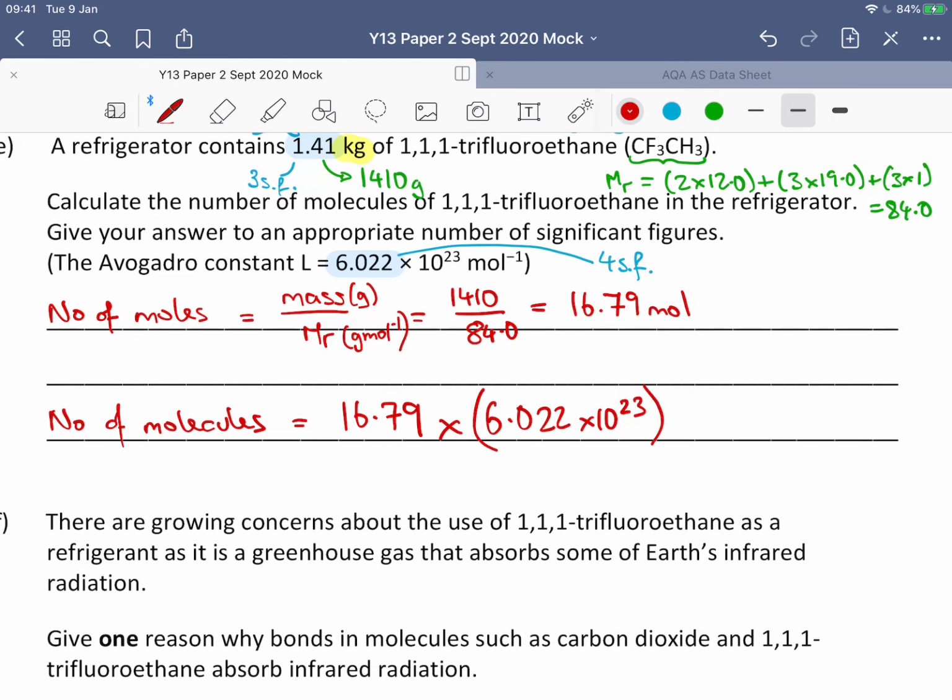Put that in brackets, okay. Which equals, so I put in my Avogadro's constant, 6.022 times 10 to the 23. So I've got 1.010835714 times 10 to the 25, but I've got to do it to the appropriate number of significant figures.